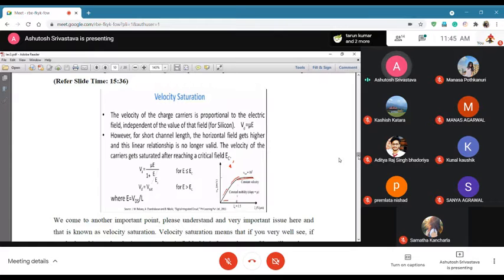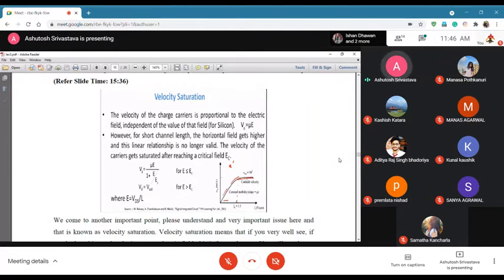So Vd is equal to mu E. However, for short channel, the horizontal field gets higher and this linear relationship breaks. So we are talking about this region.